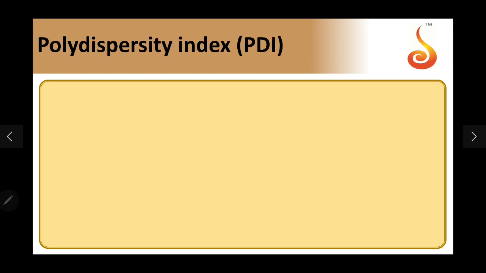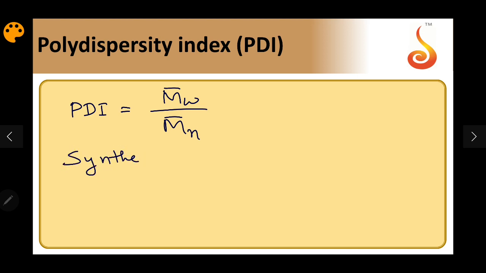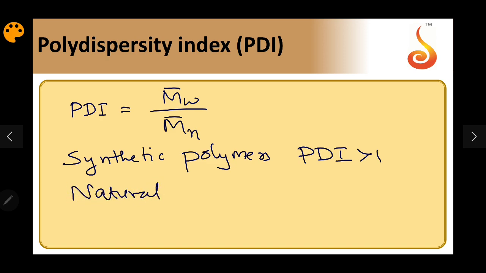So we have what is called the polydispersity index, PDI. It is given by Mw bar by Mn bar. For synthetic polymers, it is always more than 1. PDI is greater than 1, but for natural polymers, almost PDI equals 1. So what does this PDI signify?